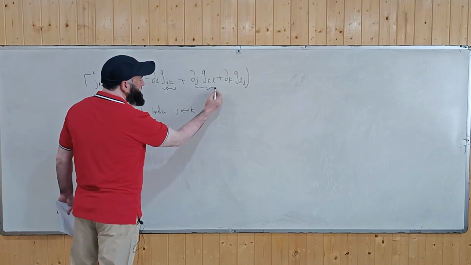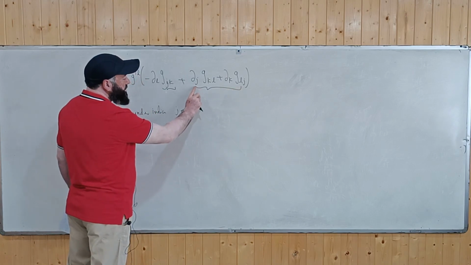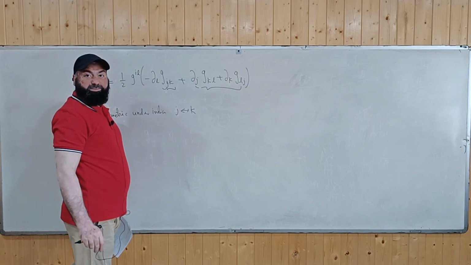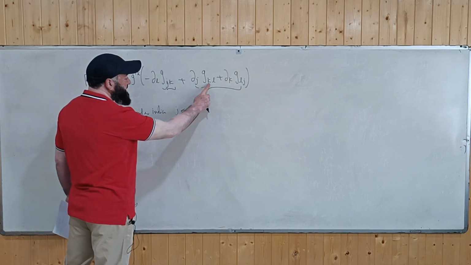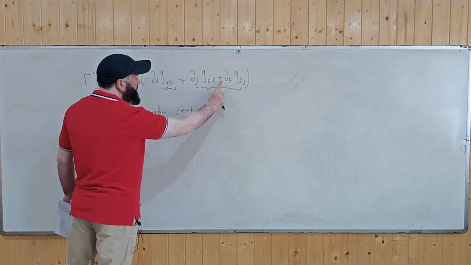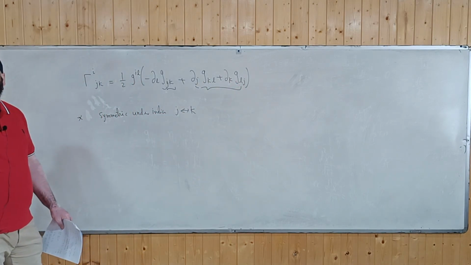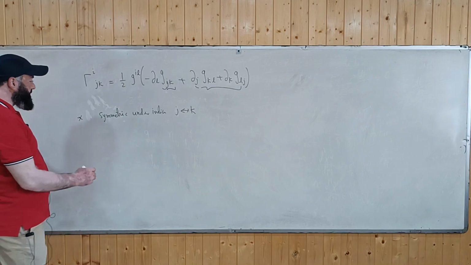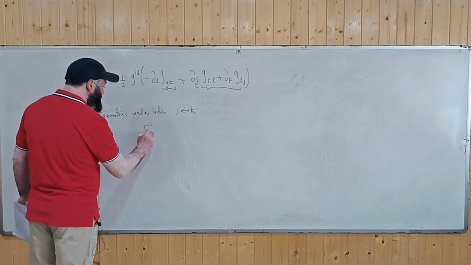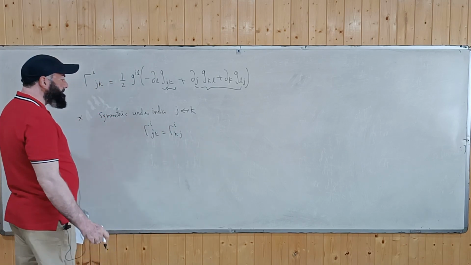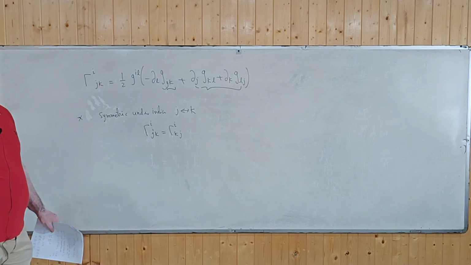Now look at this other object. This is also symmetric. You have jk here, and then you have kj here. So when you interchange, it will become kj, and this will become jk. Got it? So both the terms are the same then. Okay. So what does it mean? So I have Gamma^i_jk equal to Gamma^i_kj. This is a very important property.